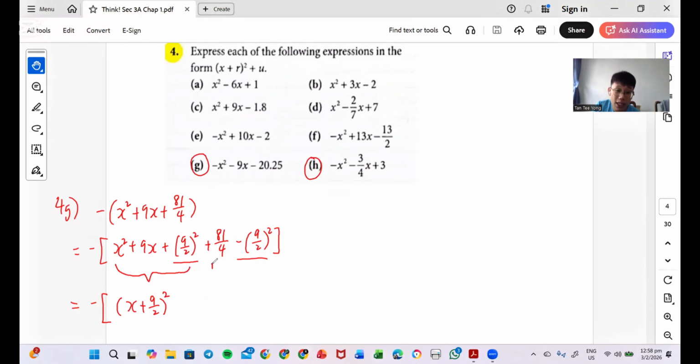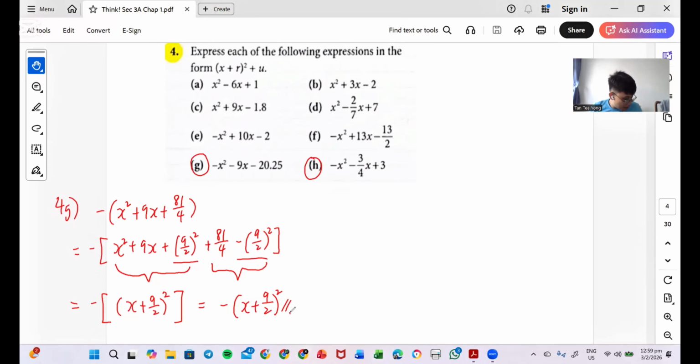Okay, then I work out this part. So after I work out this part, I will get 0. Oh, nice, 0. Okay, so it's just like that. Then equals to negative, actually, okay, yeah, it's so obvious it's 0. I still press calculator anyway. So bring in the negative. So you have negative x plus 9 over 2 square.